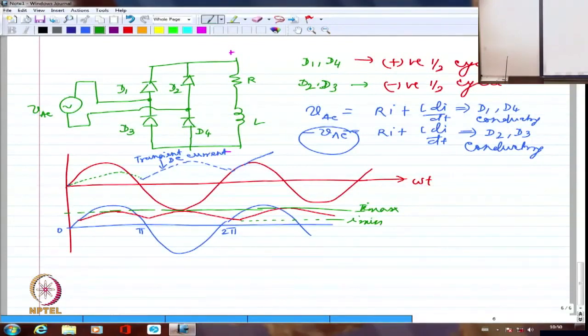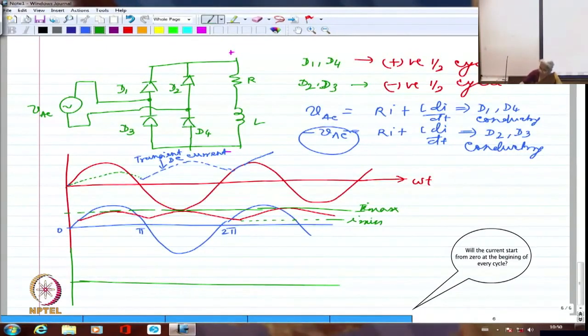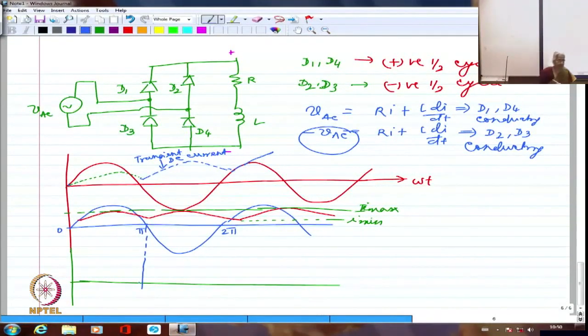So, if I try to draw the supply current now, please note that from 0 to pi, D1 and D4 will conduct. Here it is starting from 0. Once it reaches steady state, please note this is at 0.